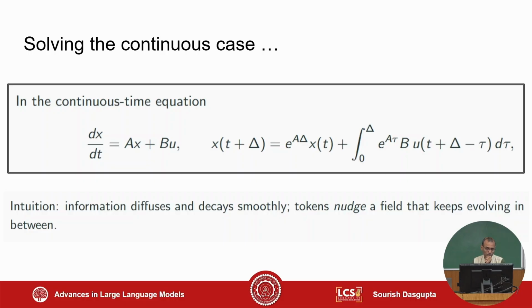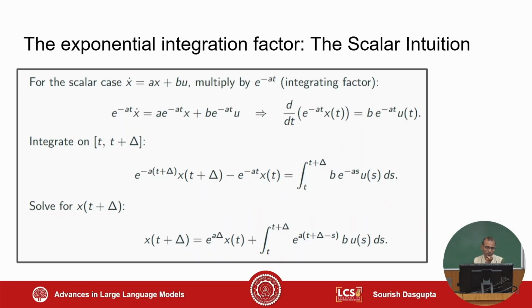So I will give you a scalar intuition, and I have these slides where you can see how to derive it for the matrix. This is the scalar equation, and the scalar intuition is very simple. You have dx/dt = ax + bu, right? You can also write dx/dt as ẋ, which is basically a notation for time differentiation.